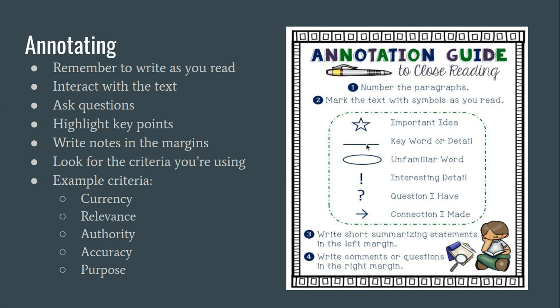You could underline a keyword or a detail, circle something that's unfamiliar so you can look that word up. And this will happen a lot with our scholarly journal articles because a lot of them use really specialized terms. An exclamation point works well for an interesting detail, a question mark for a question, and maybe an arrow for a connection that you made.